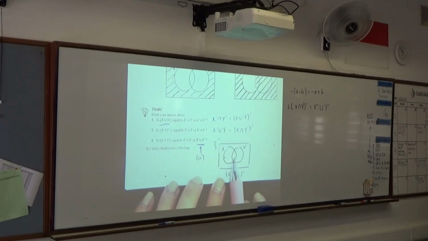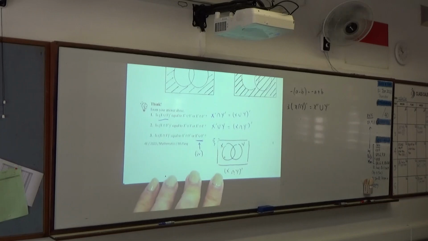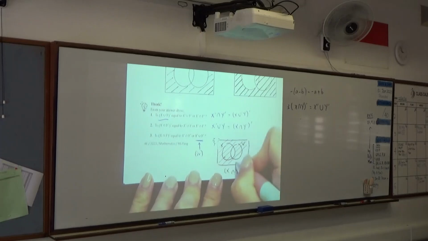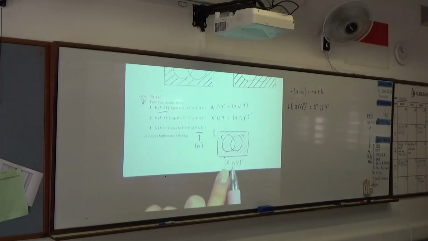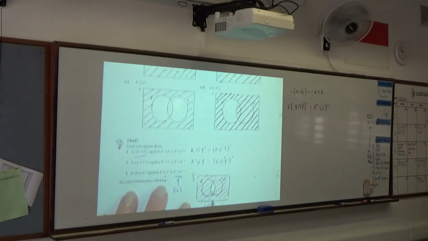We want the complement of it, that means anything that is not the intersection, so it is going to be this shading over here. Based on how we understand how to shade this one, we should be getting this, and this shading is exactly the same as this one.